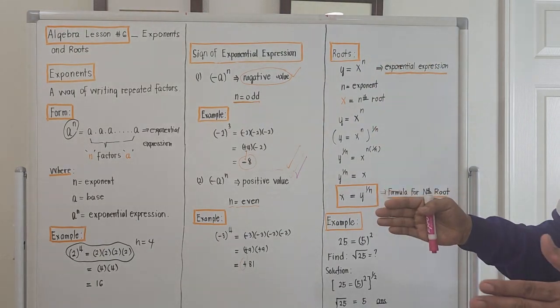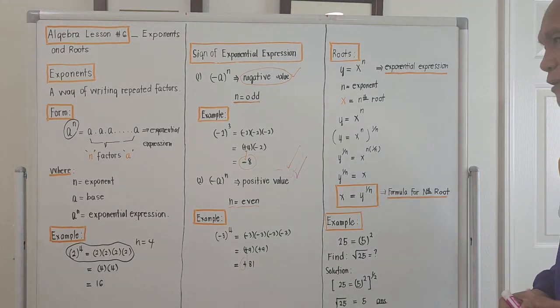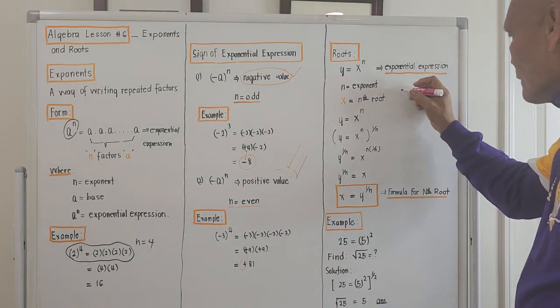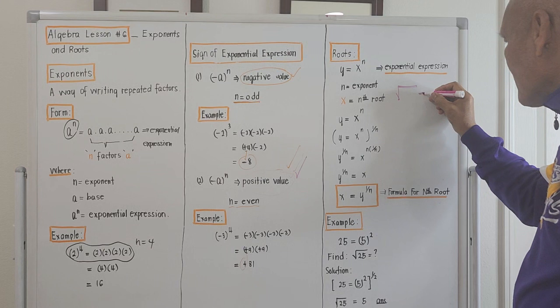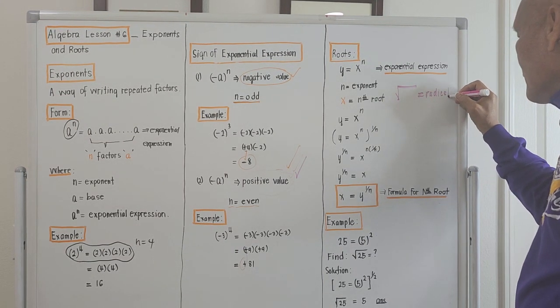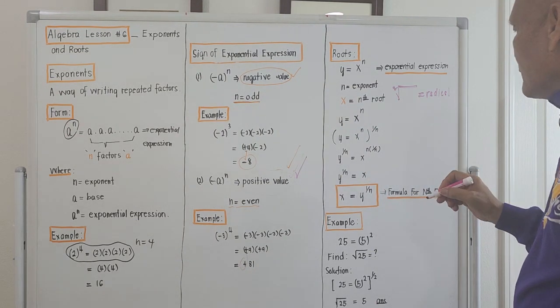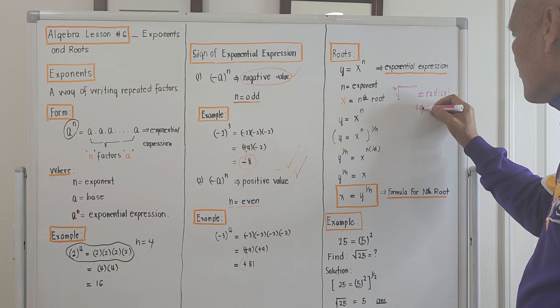How to get the roots of numbers. There are many types of roots. If you take the square root, just this symbol here is a radical sign, right? Without these two here, we call that square root.